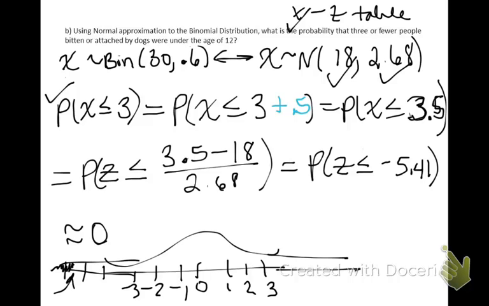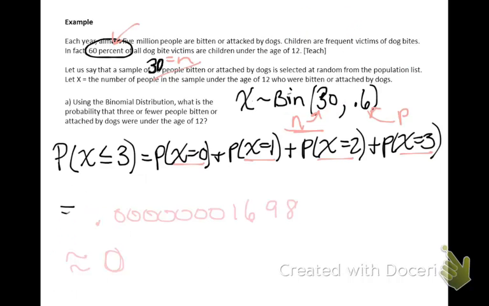Comparing these two answers, using normal approximation by converting from x to z to table, we got an answer of approximately 0. Using the binomial distribution, we got this exact answer, which is perfectly correct. But looking at it, we said, well, it's approximately 0. So these two methods produce the same answer.